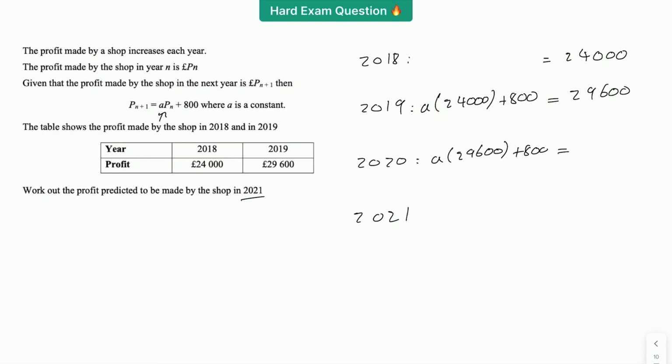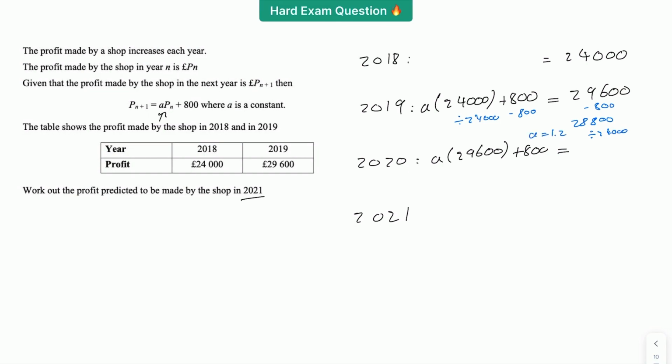So if I subtract 800 from each side, and then if I divide each side, once I've done that, so if I just grab my calculator, 29,600, take away 800, that gives me 28,800. And I'm going to divide that by 24,000. That gives me 1.2. So then I divide each side by 24,000. And I get A is equal to 1.2.